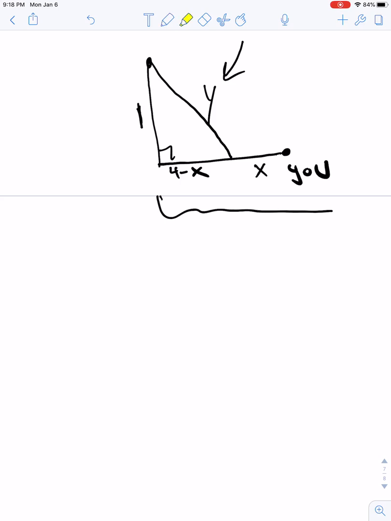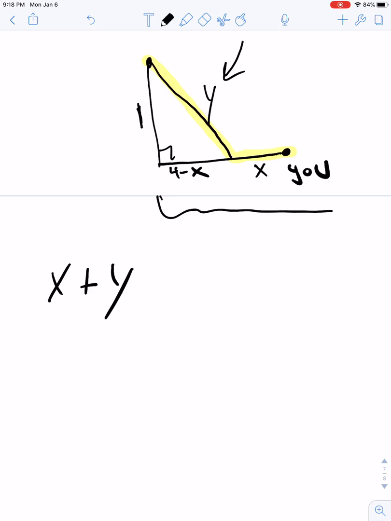So basically you're going to run this direction and then swim this direction. So you're really adding your x, whatever that value of x is, plus this value of y. And you're looking to get there as quickly as you can, because you want to minimize time.